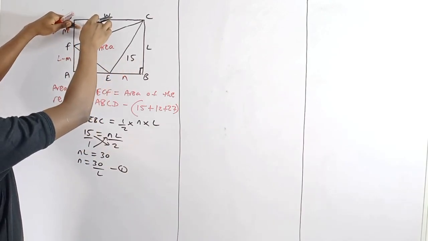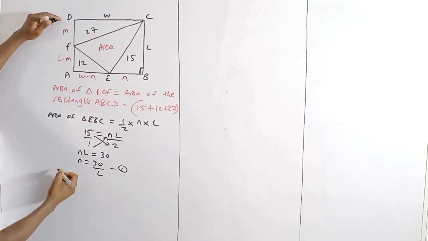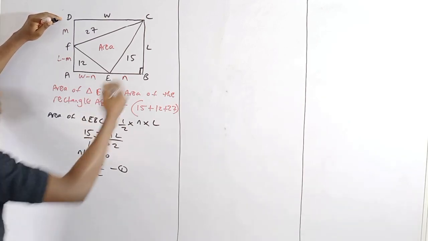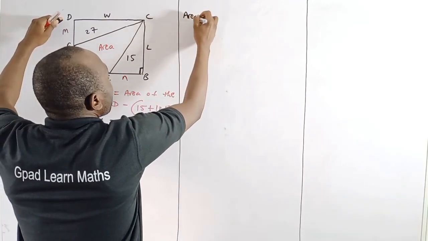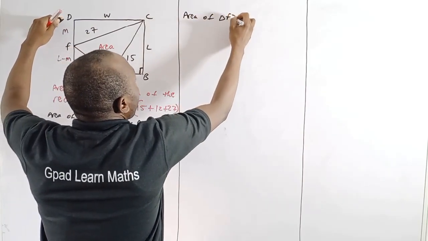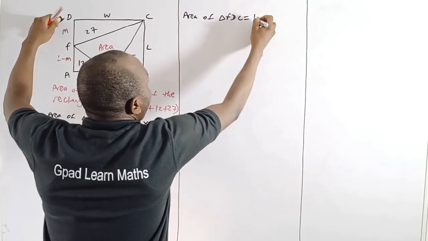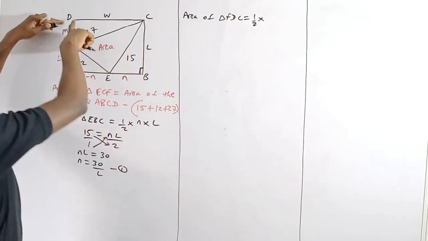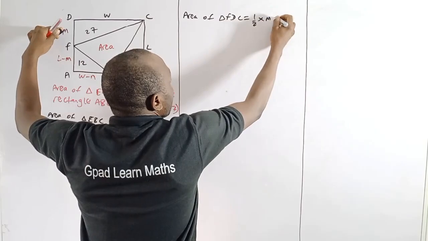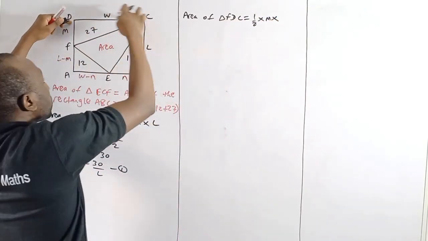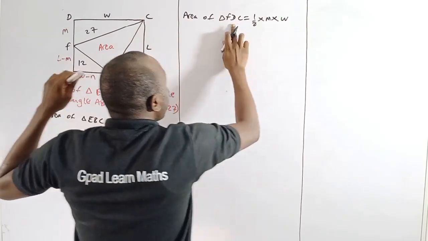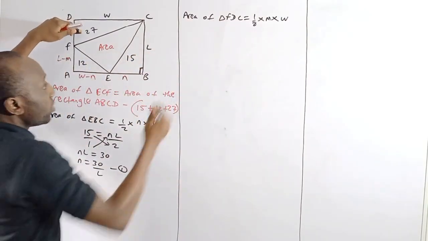Let's come to this triangle. Triangle FDC. The area of triangle FDC will be equal to half times the base. If the base is M, times the height from here to here, which is W. Okay? So the area is given as 27.